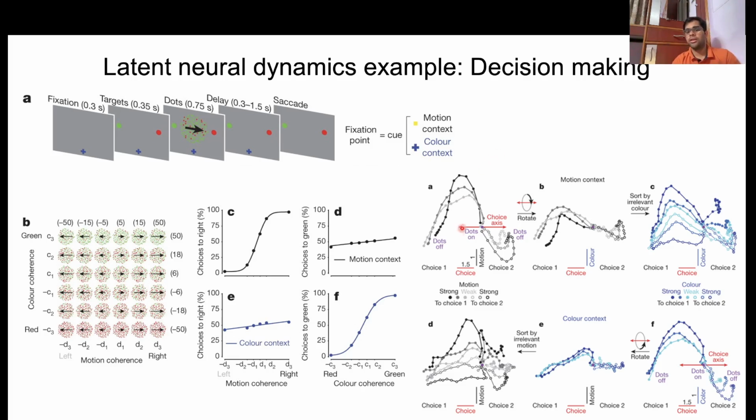Encoding, in that the amplitude of this trajectory informs about the coherence of motion or color, and which side of the choice axis it is on shows the choice that the monkey is going to make. So I hope this is clear and interesting.